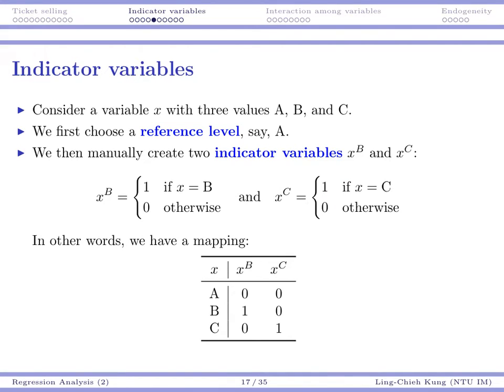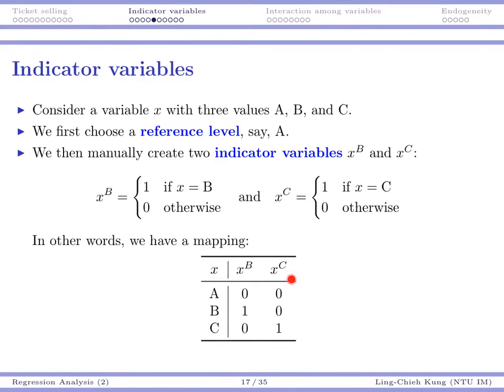So what does that mean? That means we want to use xb and xc to represent x. X has 3 possible values, but xb and xc, each of them is binary. So we want to use 2 binary variables to represent x. X has 3 values.